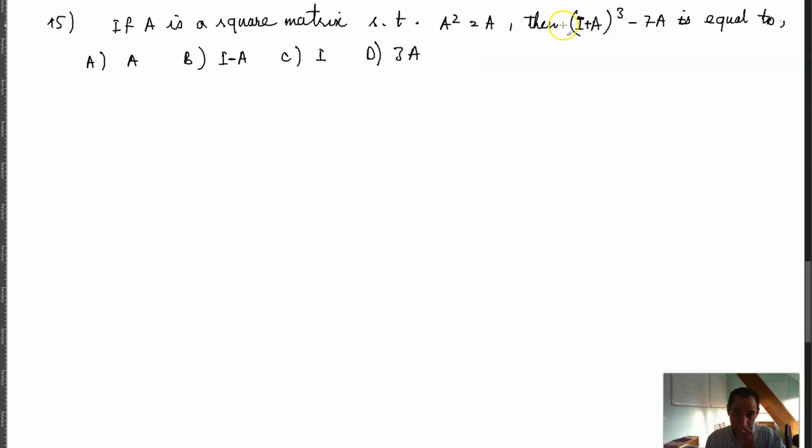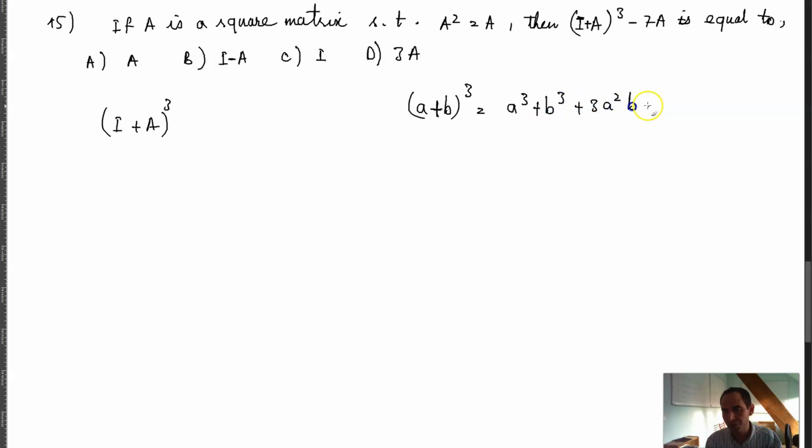What I'm referring to is that when you write (I plus A) whole cube, you can actually expand it as a simple, just like, for example, you write (a plus b) whole cube, and here you have real numbers, and then you know that this normally is a cube plus b cube plus 3 times a squared b plus 3 times a b squared, right? That we already know for real numbers.